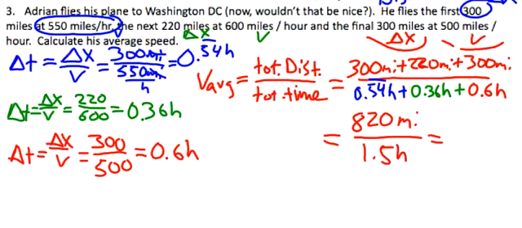So 320 divided by 1.5 is 0.5... I don't think I did that right on my calculator. 820 divided by 1.5 is 547 miles per hour.